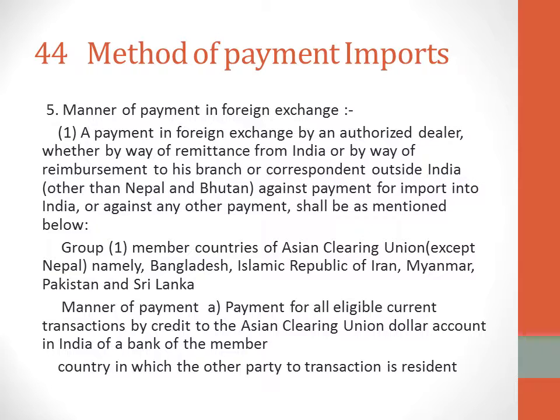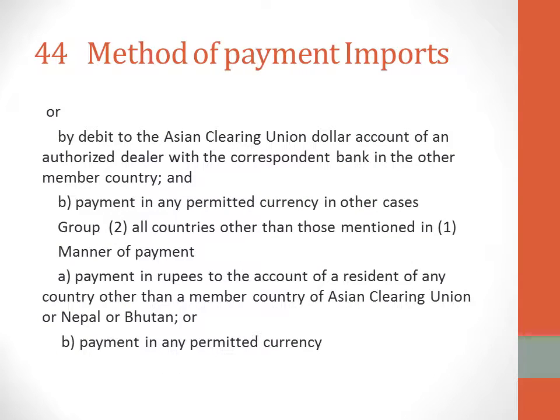Payment for all the eligible current transactions by credit to the ACU dollar account in India of a bank of the member country in which the other party to transaction is resident, or by debit to the ACU dollar account of an authorized dealer with the correspondent bank in the other member country and payment in any permitted currency.